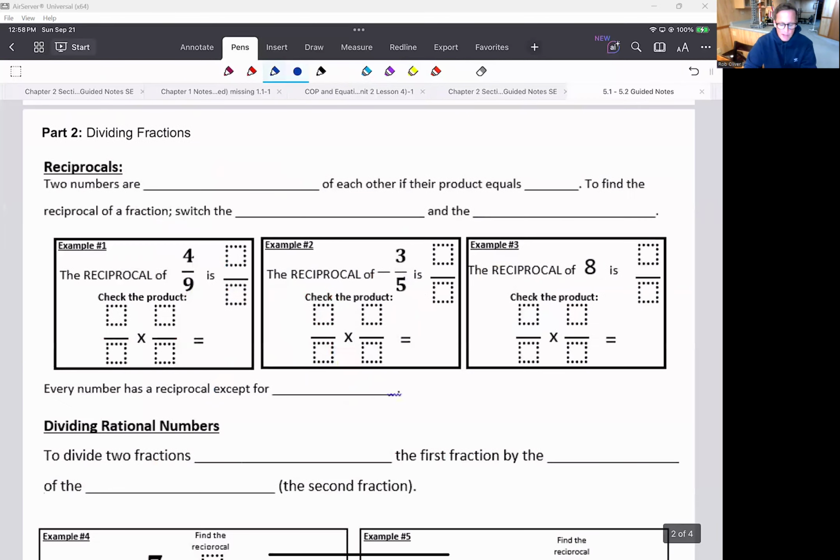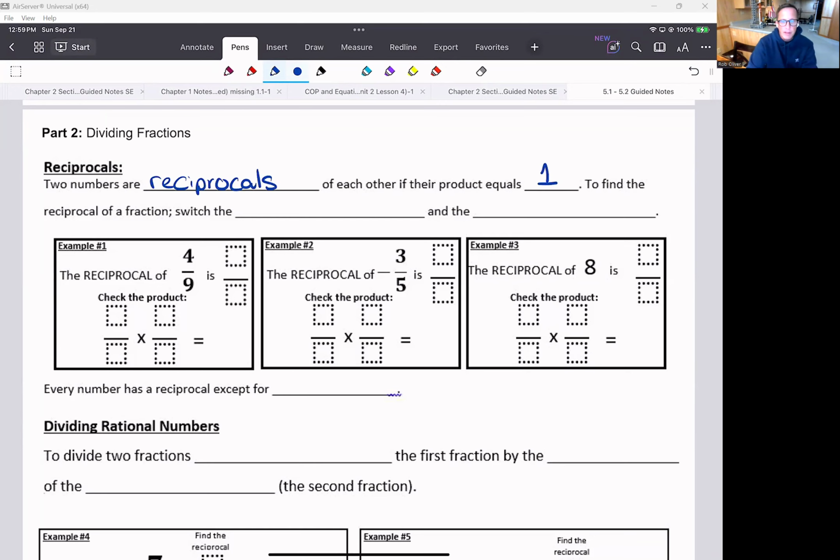Now let's move on to part 2, which is on dividing fractions. What are some important things that we need to know for this? One thing that's important is reciprocals. Two numbers are reciprocals of each other if their products equal 1.